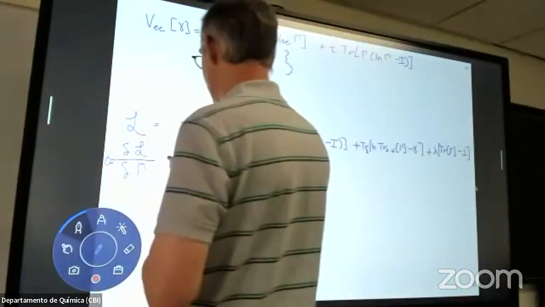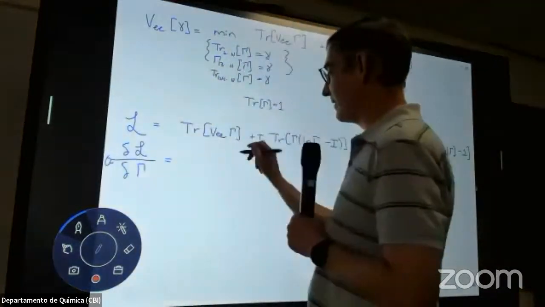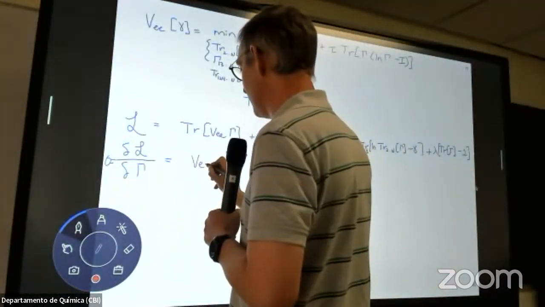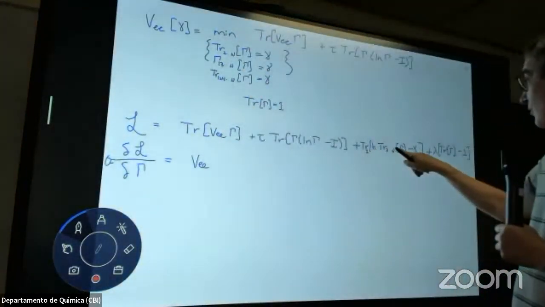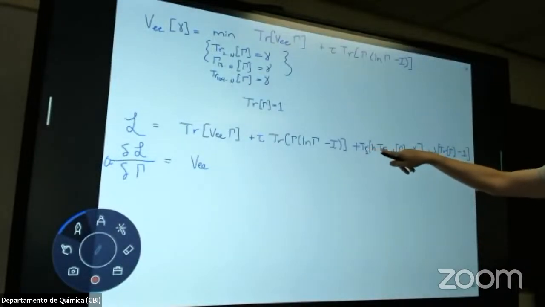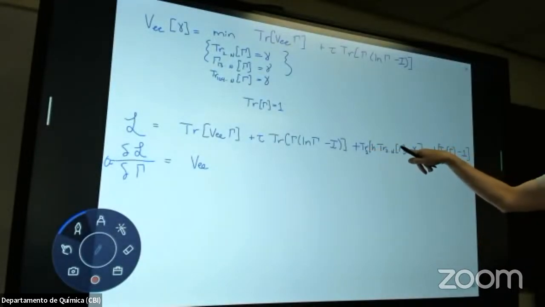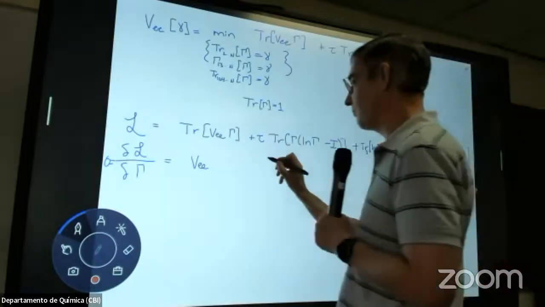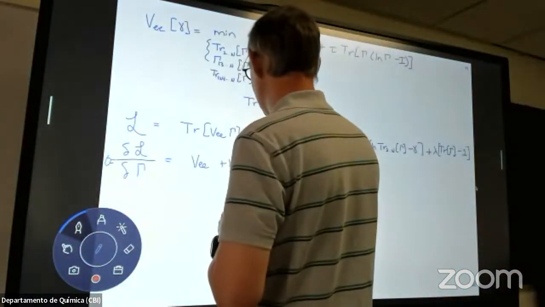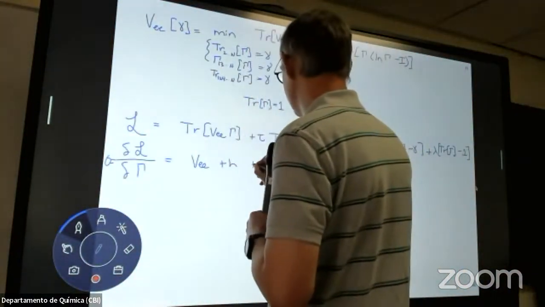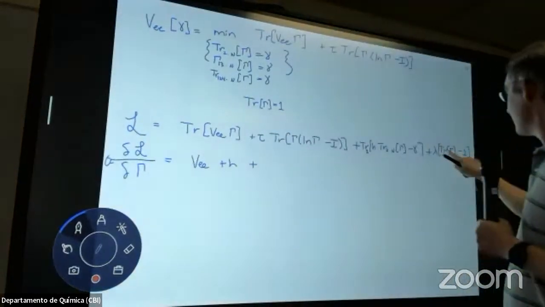So what is this going to be? Well, this is a linear function, so it just gives me VE. This is also linear. This is a trace over everything with H on gamma. So this is plus H. This is also linear.